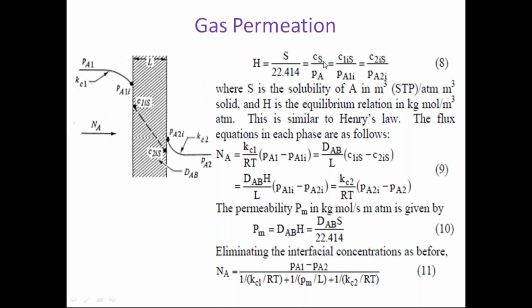It also takes care of the relation between the concentration in the membrane at the feed side and the partial pressure at the interface on the feed side. These two will be related by the Henry's law constant, like y equals mx. The similar way you can also see here.